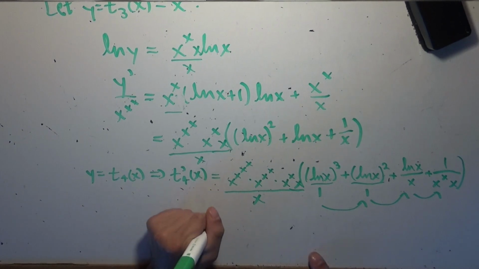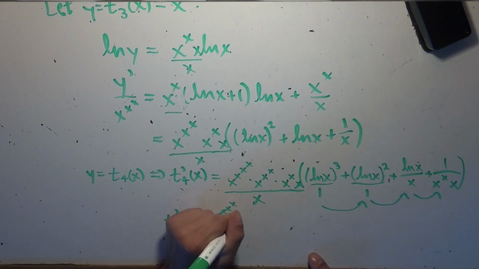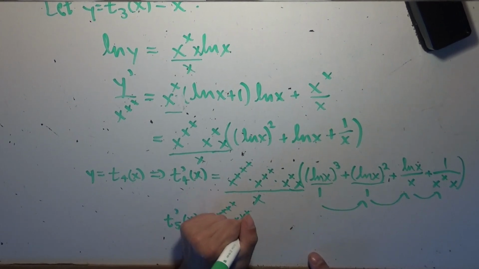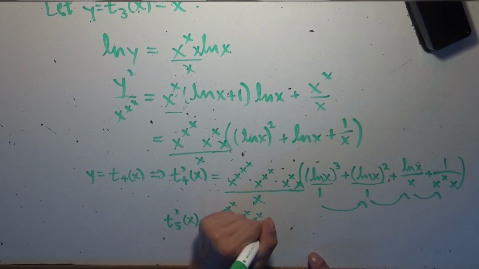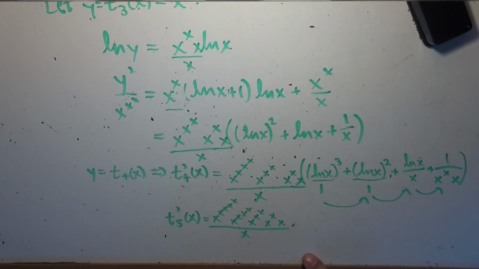We do in fact end up with x to the x to the x to the x to the x times the fourth one, x to the x to the x to the x, times the third one, x to the x to the x, times the second one, x to the x, and times the first one, x, if you're willing to divide by x there just to cancel it.